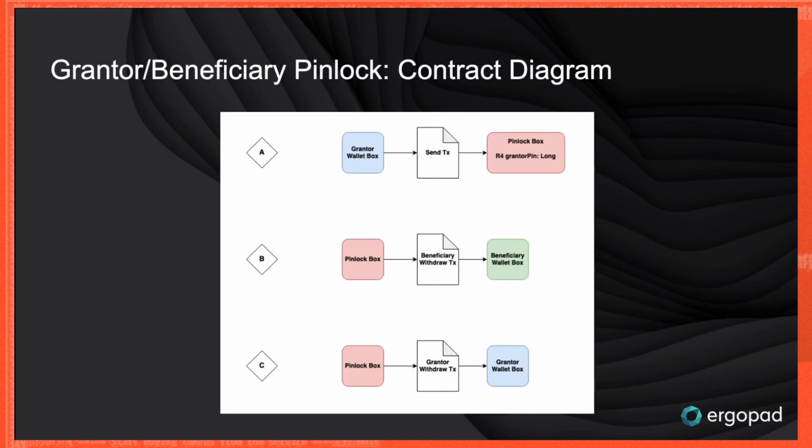Initially you have the grantor who sends money to the pin lock contract and sets the register of the box R4 as the pin, or the hash of the pin, and the contract states that only the grantor public key or the beneficiary can withdraw the funds, as well as having the correct pin in R4.